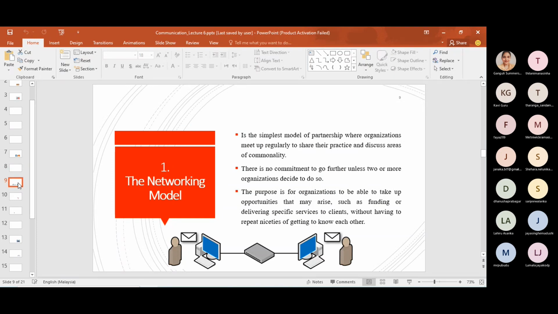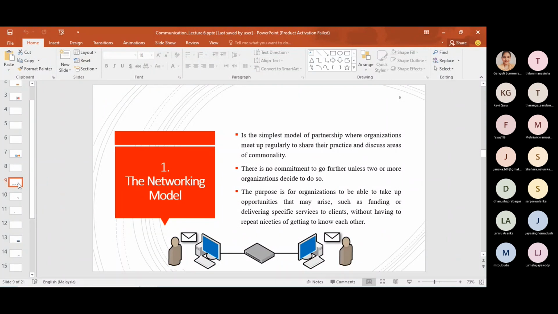Okay, so the first model is the networking model. This is the simplest model of partnership, where organizations meet up regularly to share their practice and discuss areas of commonality. Out of these 4 different models, the networking model is the simplest model of partnership working.